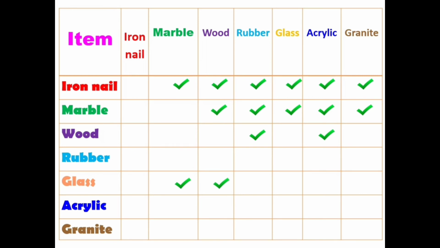Glass to rubber. Yes. What about glass to glass? No. Using glass to scratch the acrylic? What do you think? Yes. Glass to granite. Can you see any scratch? Right.